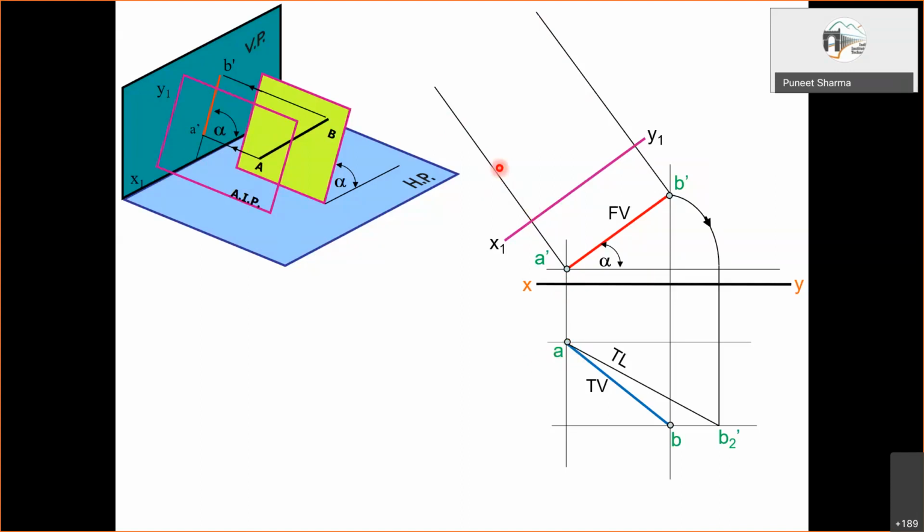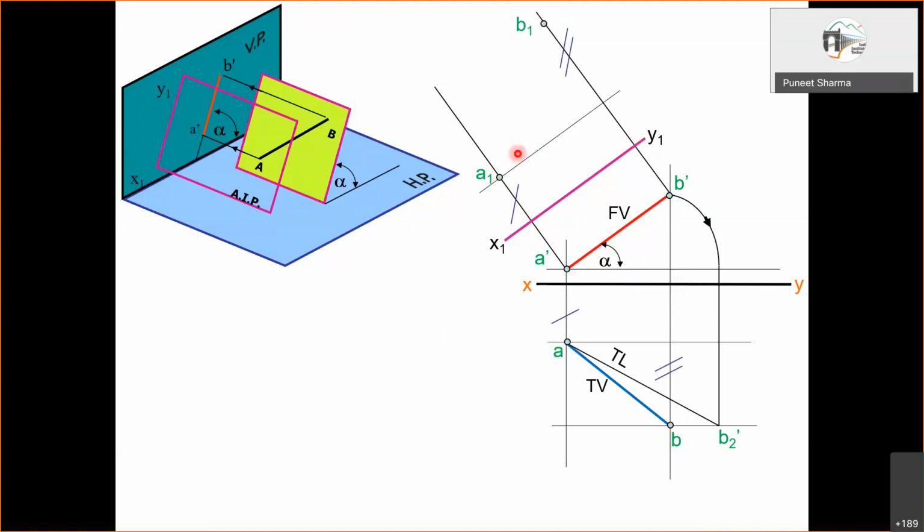In the same way, we measure the distance of small b from the xy and mark it from x1, y1 to locate b1. So we locate a1, with the distance from xy maintained the same from x1, y1, and then we locate b1, with the distance of b from xy maintained the same from x1, y1.